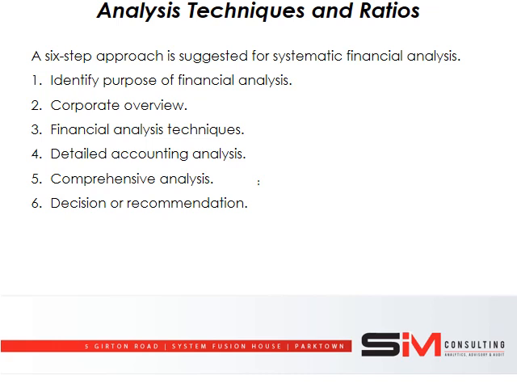Secondly, so that you are able to identify the techniques and ratios that are suitable for your business, you have to have a good overview of what your business is all about. Thirdly, you need to choose the techniques that are necessary and that will be useful for your business.